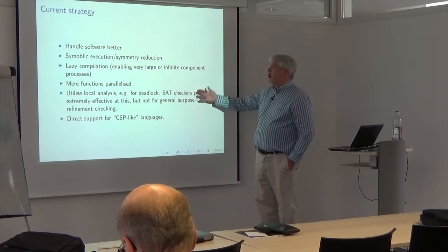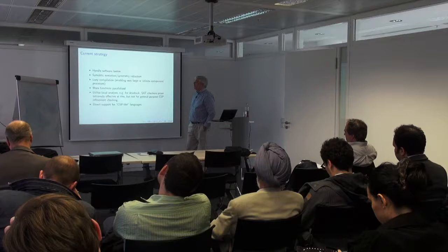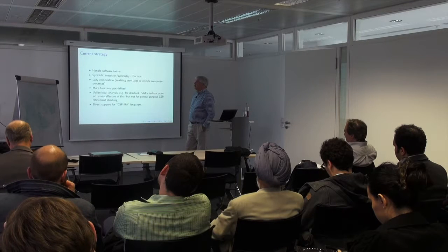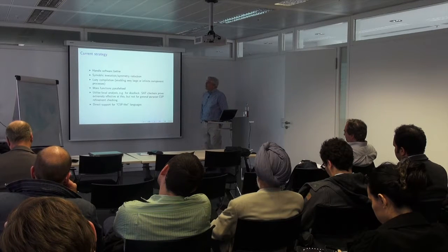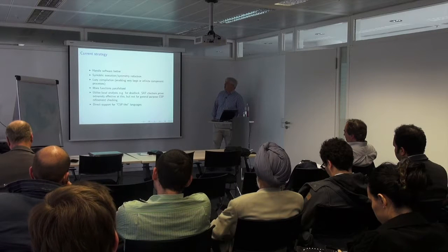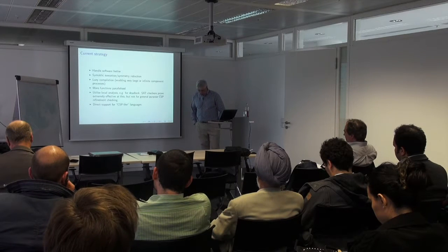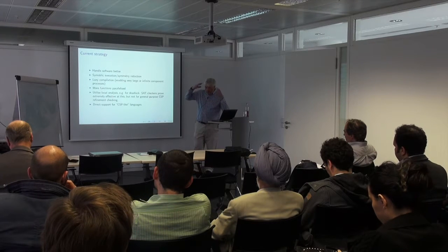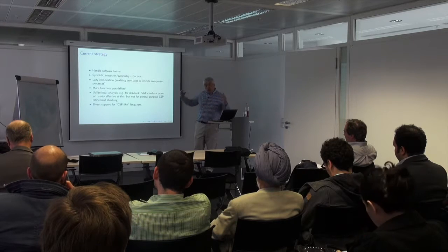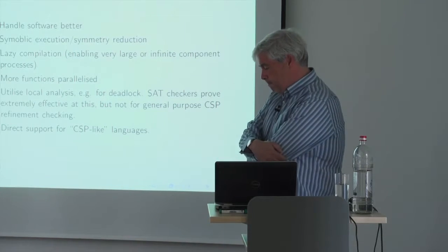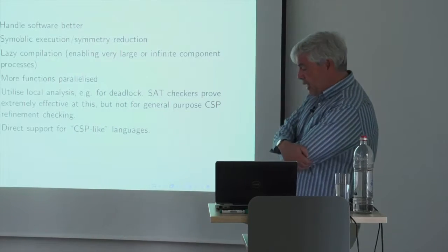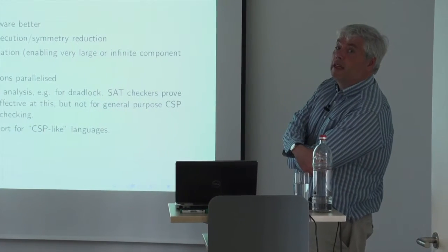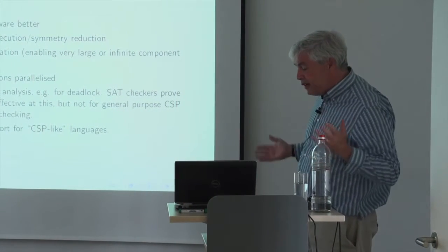Our current theme is to get away from explicit model checking and use local analysis of networks, for example, for deadlock and for livelock, by looking to see when you can do local analysis of the state spaces of the individual components and their interactions with the locally surrounding network components, and then piece these interactions together into arguments for why the complete network works, or perhaps find ways in which it doesn't work.